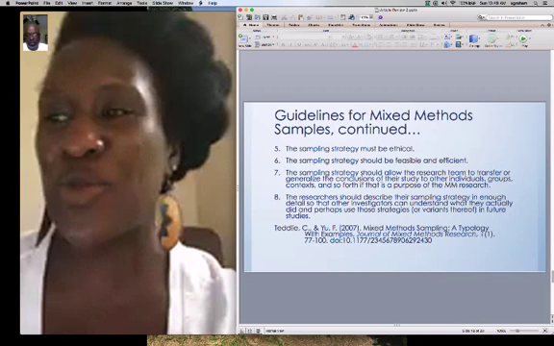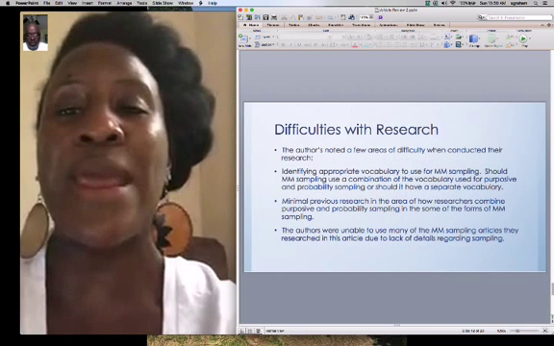Some of the obstacles they ran into were identifying an appropriate vocabulary to use with mixed method sampling. The question they posed was, should mixed method sampling use a combination of the vocabulary used for purposive and probability sampling, or should it have its own separate vocabulary?